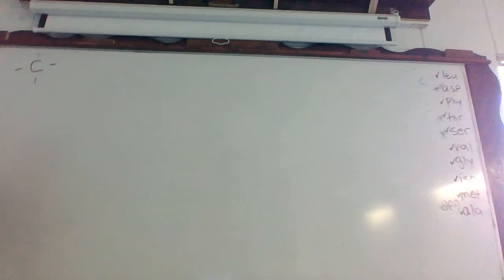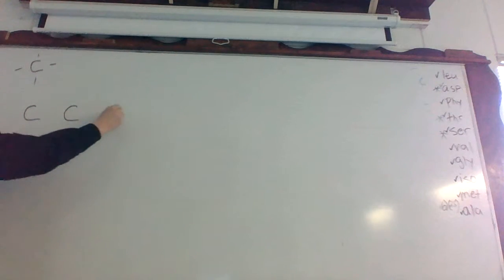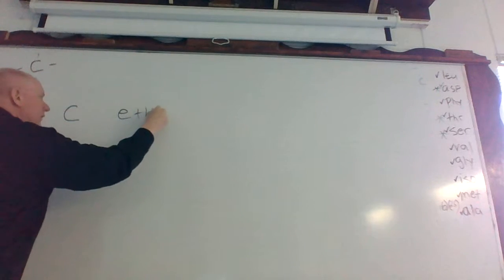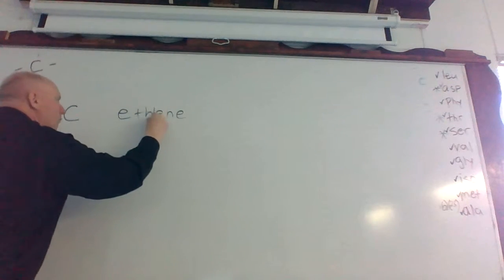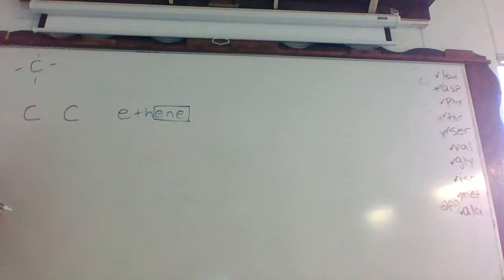So if we're going to draw ethene, what would that be? How many carbons is that? It's 2. Okay, so again, this is what we're drawing. What is that telling you? The organic family, which means what? It means it's an alkene, which is what's happening between these two carbons.